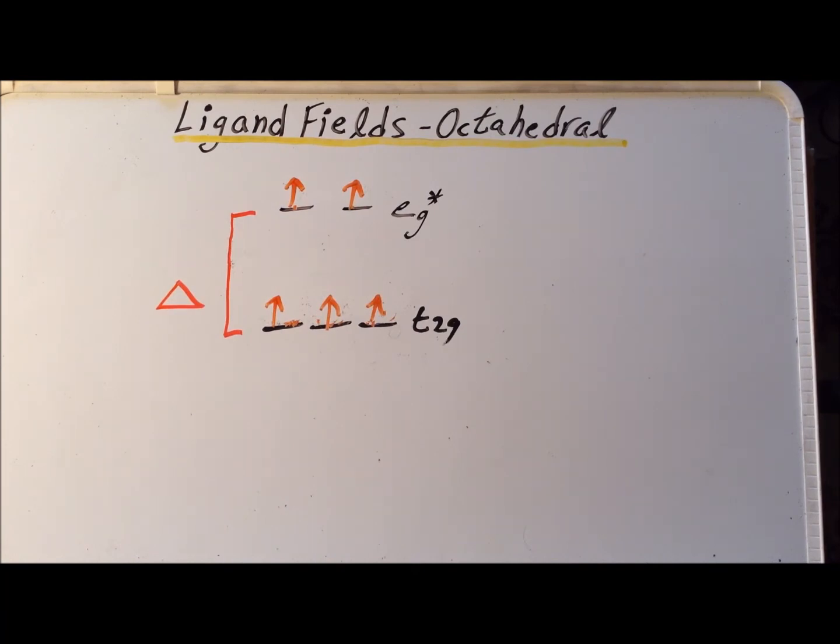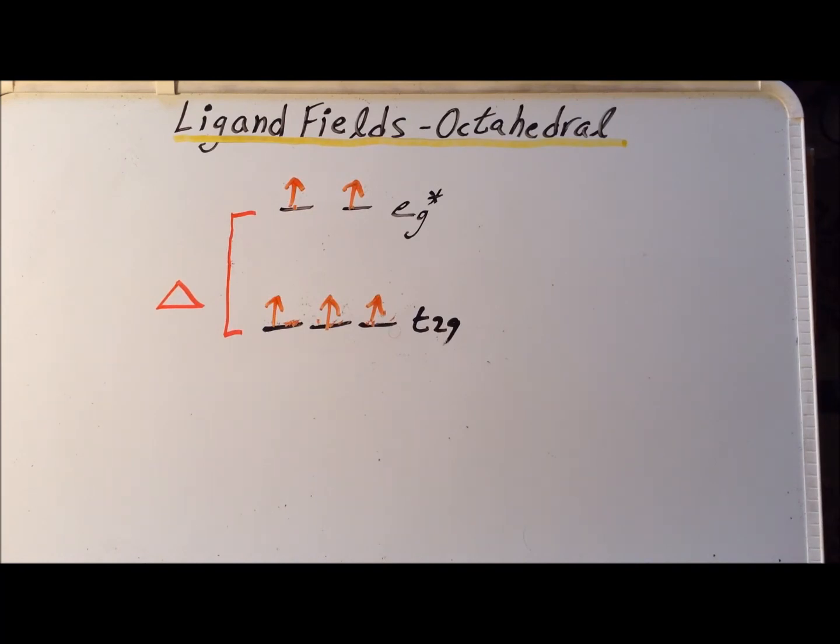We can also make some guesses as to whether we're going to have a high spin or a low spin complex. In the first transition row, we have the possibility of both high spin and low spin. Because of the diffuseness of the metal orbitals for the second and third transition rows, because 4D and 5D are very diffuse, it doesn't take as much energy to put 2 electrons into the same orbital.